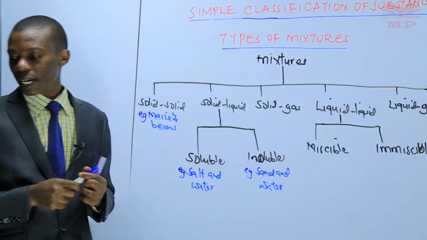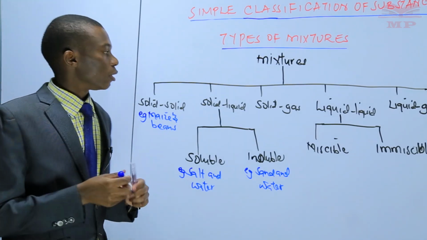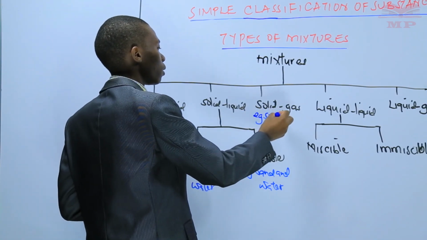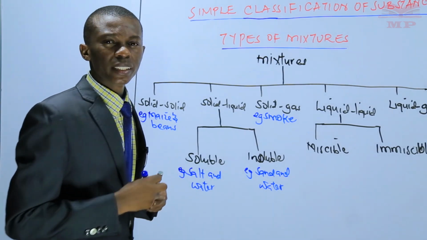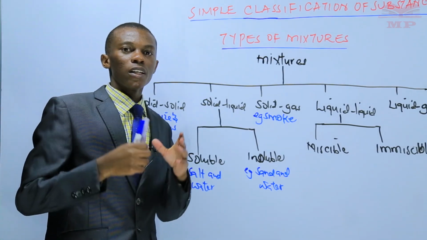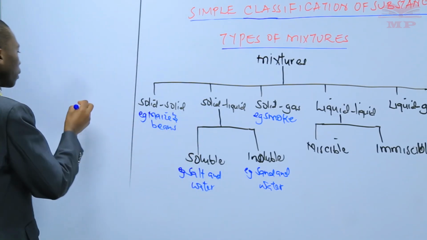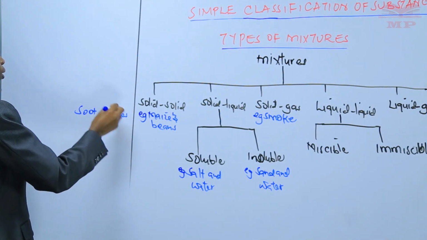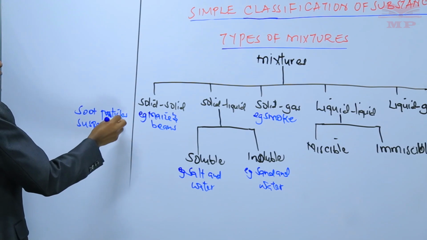Then we have a solid-gas mixture. An example of a solid-gas mixture is smoke. What do you think smoke is? Smoke is just soot particles which are suspended in air.